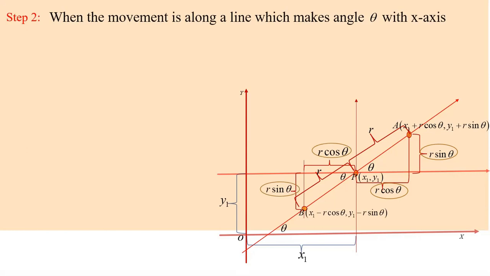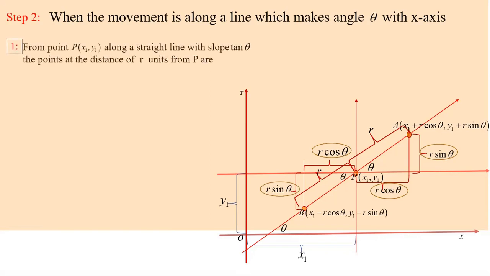These are the coordinates of the points A and B. Therefore, the observation is that from the point x1, y1 along the straight line whose slope is tan theta, the points at a distance of r units from P are x1 plus r cos theta, y1 plus r sin theta, and the other one is x1 minus r cos theta, y1 minus r sin theta.